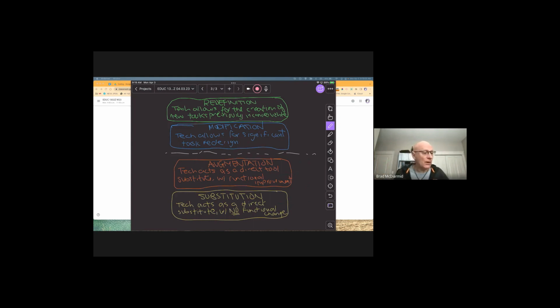Okay. So we're not quite done the diagram yet. We just got to add a couple things, and that's to do with our line here. So when we're below the line in the orange and yellow with substitution and augmentation, Puentedura says what you are doing when you are using technology as a substitute for traditional pen and paper analog is that you are enhancing the task. Okay, so it's enhancement that happens here.